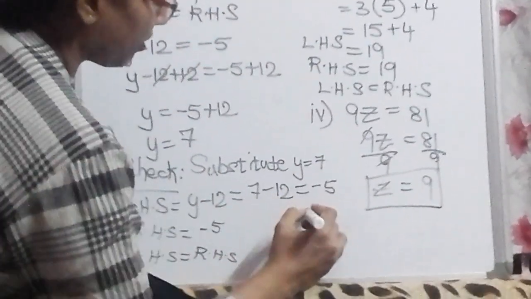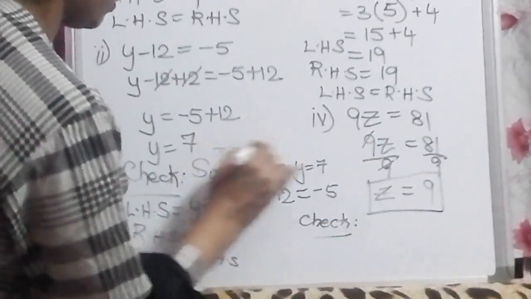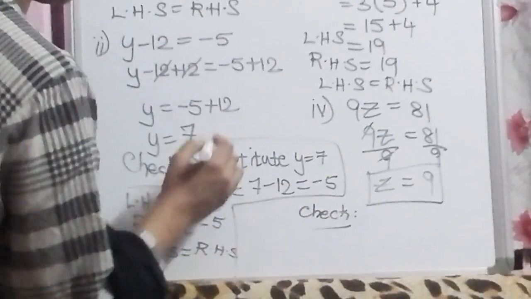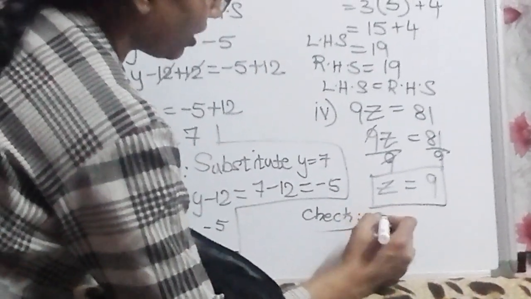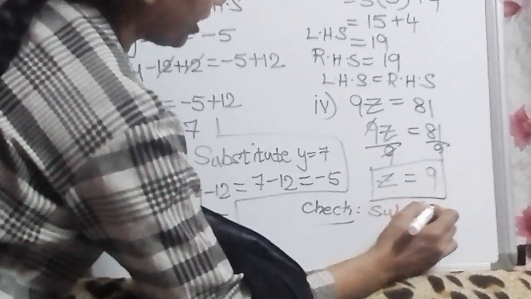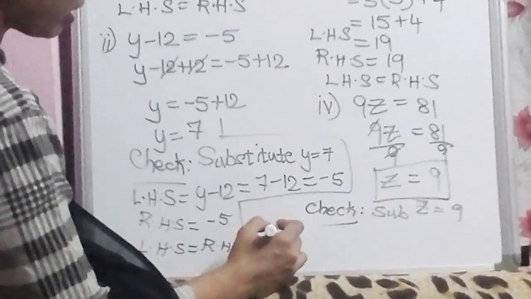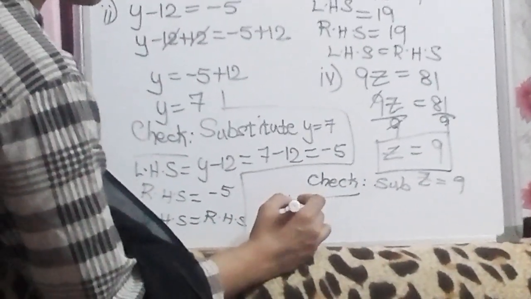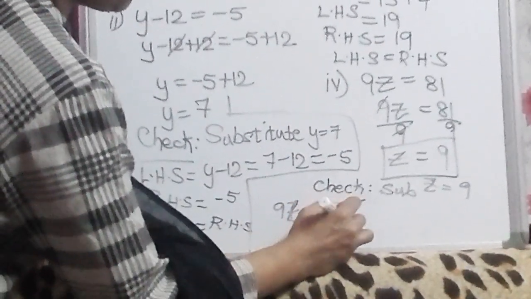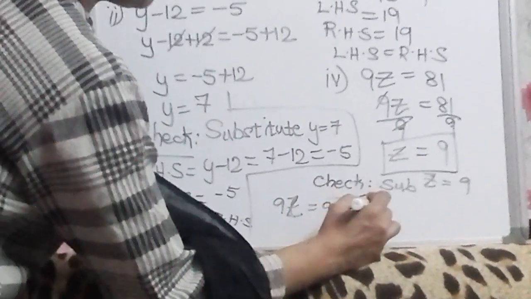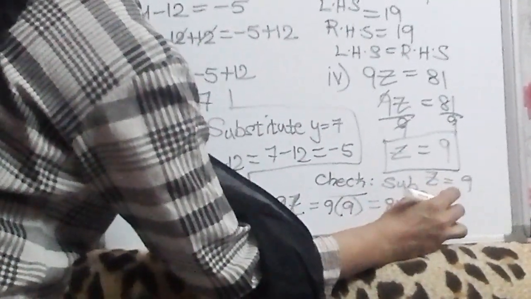Now we should check. We are going to substitute z is equal to 9. 9 into 9z is equal to 9 into 9. 9 9s are 81. 81 you got in the LHS.